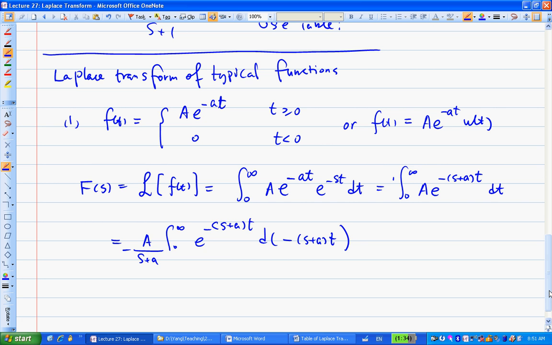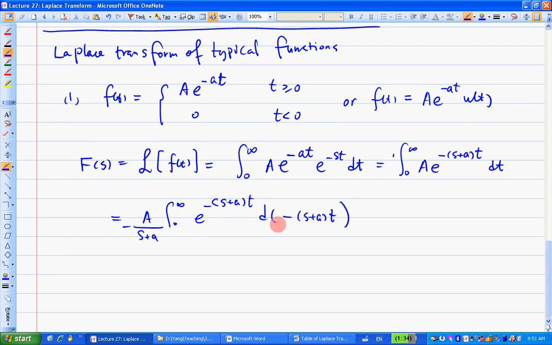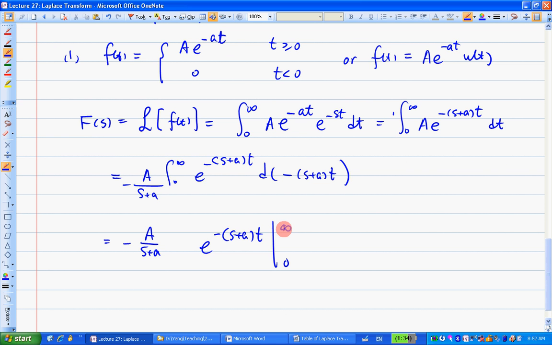Is that clear? So the integral of the exponential is the same thing: 1 over negative (s plus a), times e to the power of negative (s plus a) t, with t going from 0 to infinity. So that's the integral here.